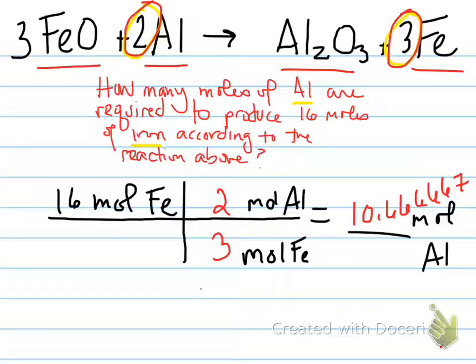The mole ratio does not count against you for sig figs. So your sig figs are derived from your given. We have 2 sig figs, so your final answer for this would be 11 moles of aluminum. So if you want to manufacture 16 moles of iron using this reaction, you're going to need to put 11 moles of aluminum in.